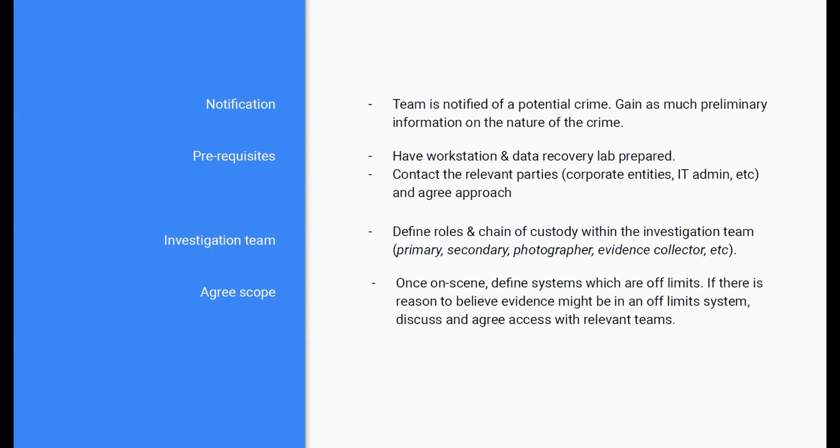And then finally, agreed scope. Once you've talked to the relevant teams and the legal entities, you need to find out which systems are okay to investigate and which systems are off limits.